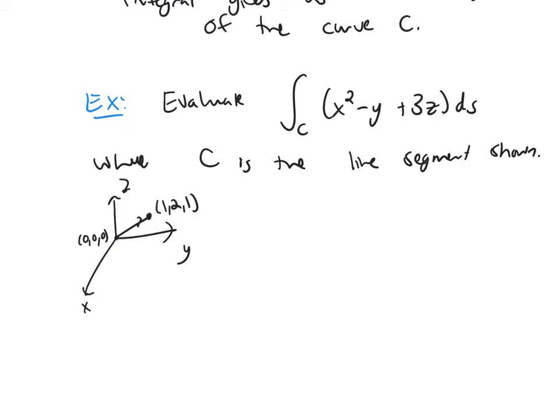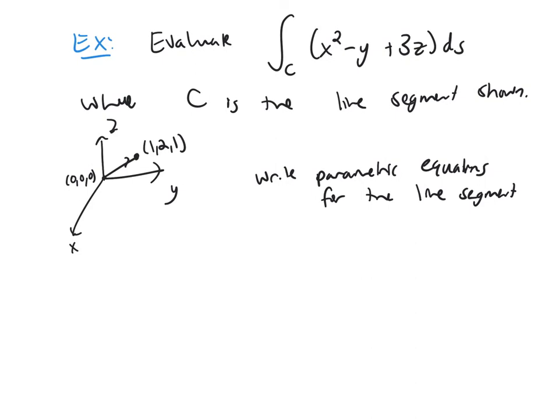So the first thing you want to do is write parametric equations for the line segment. Here, if I'm talking about t being between 0 and 1, I can write the parametric equations as x equals t, y equals 2t, and z equals t.